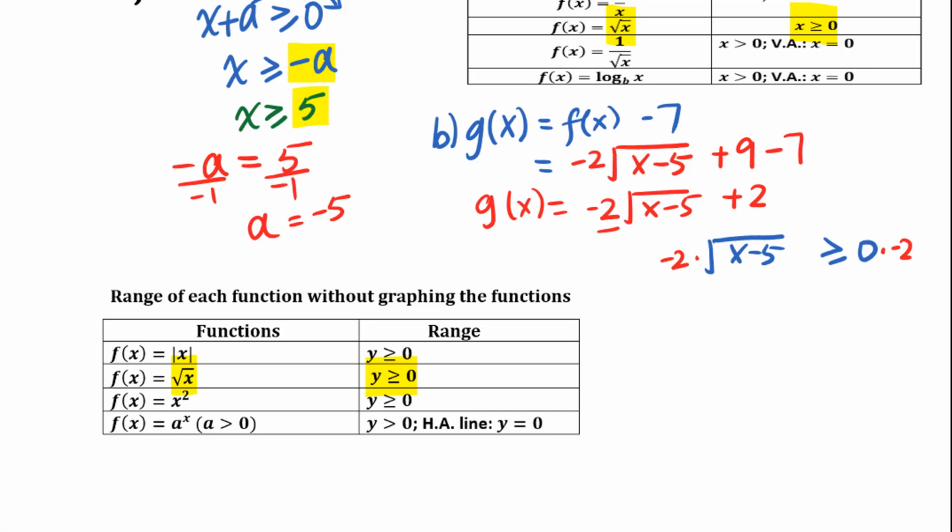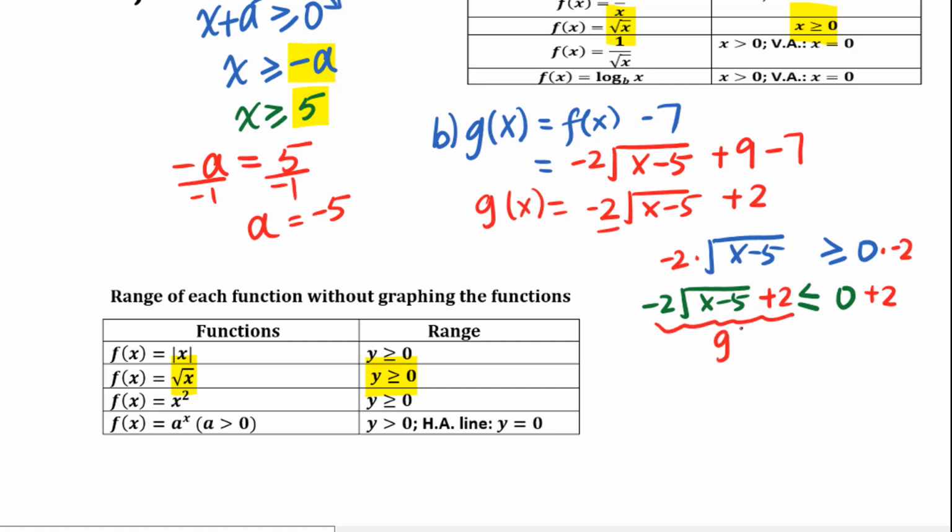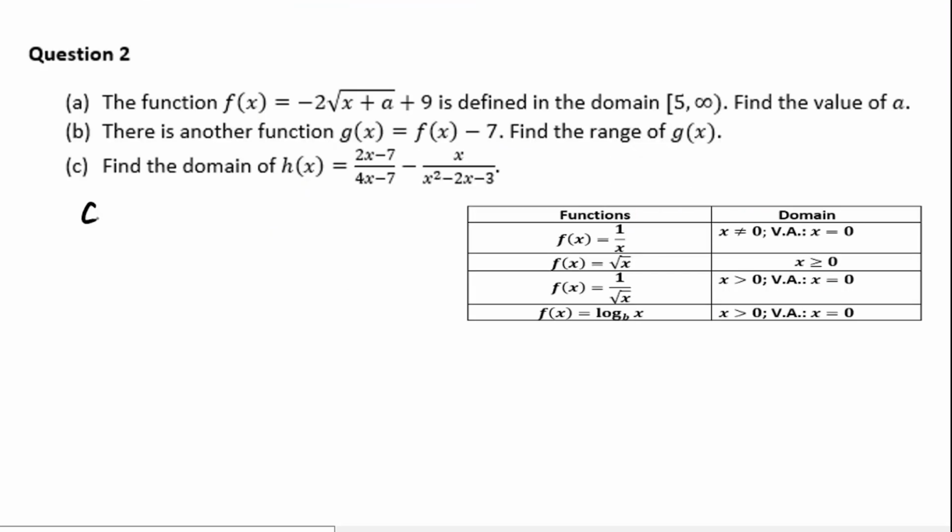You will get negative 2 square root x minus 5. We switch the symbol to less than or equal to 0. Then you add 2 to both sides. This will be g of x less than or equal to 2. In other words, we can write down y less than or equal to 2. This will be the range of g of x. Let's go to C.